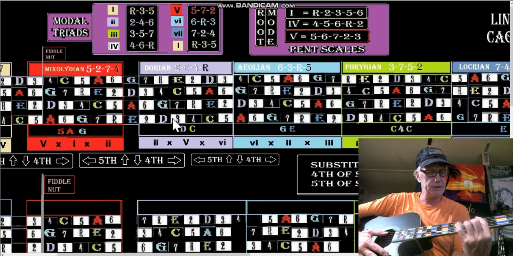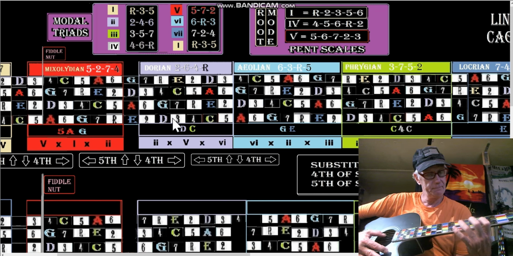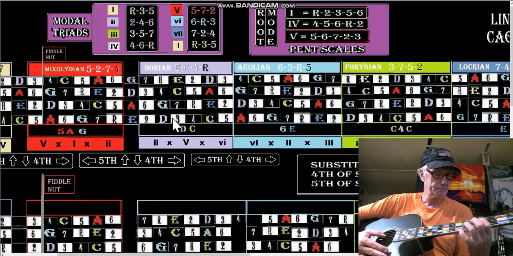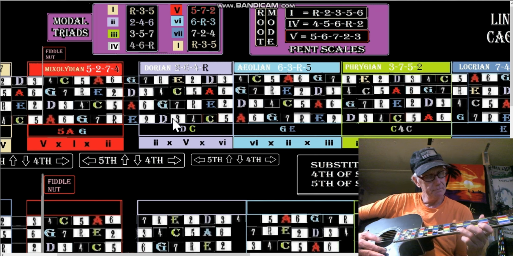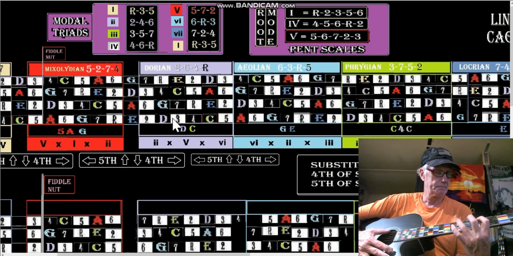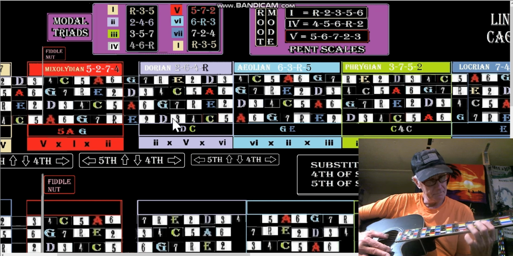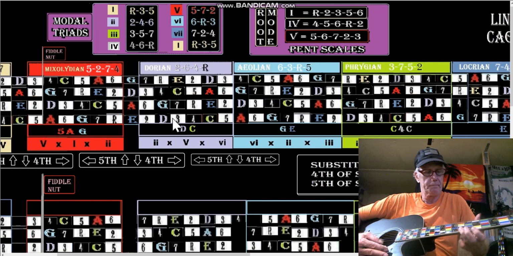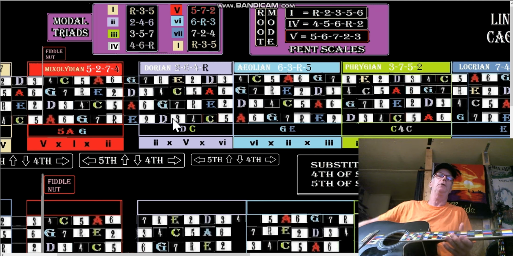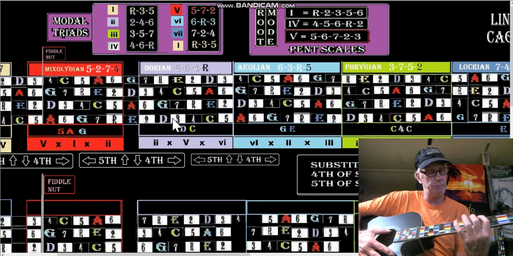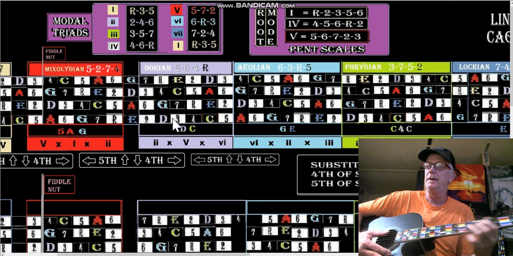So if we have a C here, I substituted, we played the root pattern here, the root pentatonic.